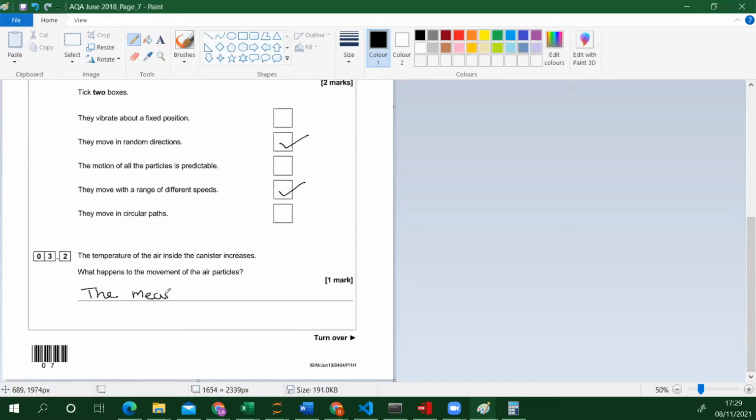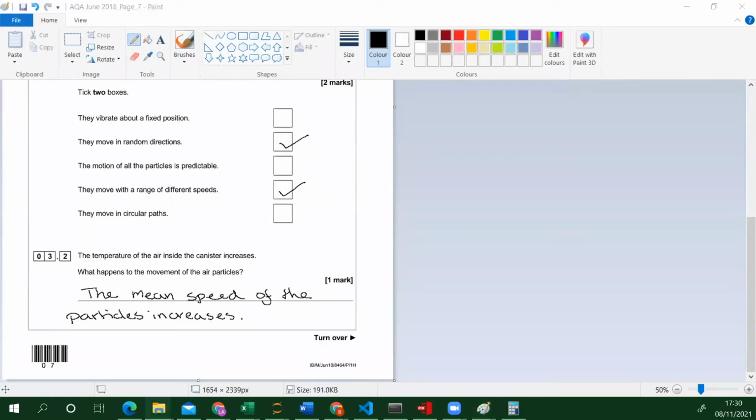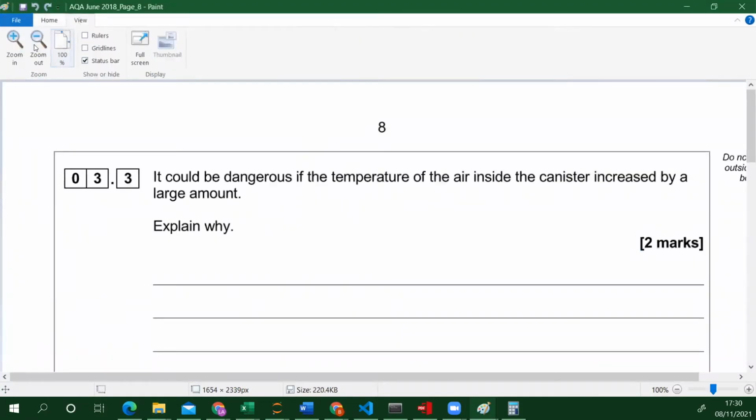I'm going to be a bit scientific today, it's a science paper: the mean speed of the particles increases, because the temperature increases. Can we open the next page up? Okay, we'll zoom out again.